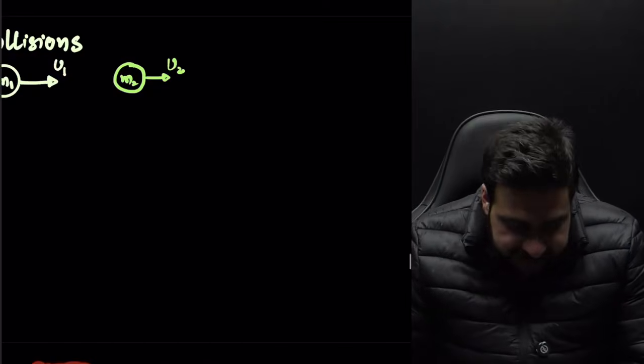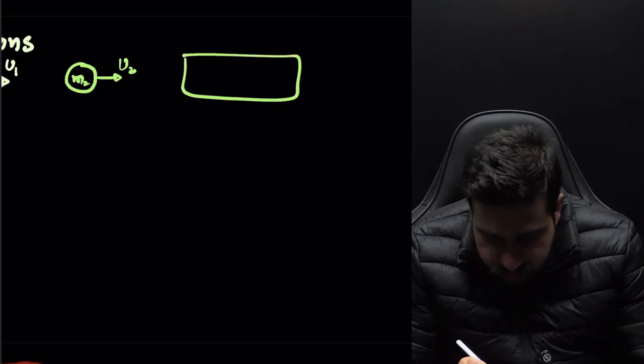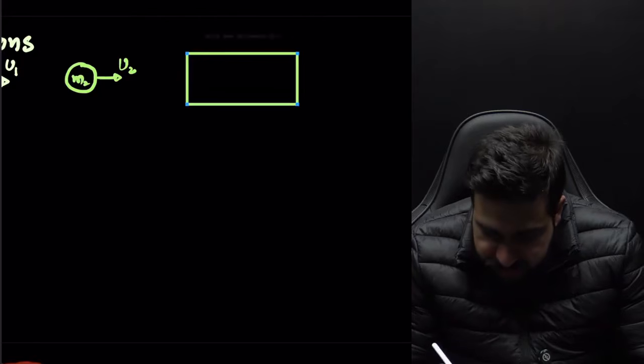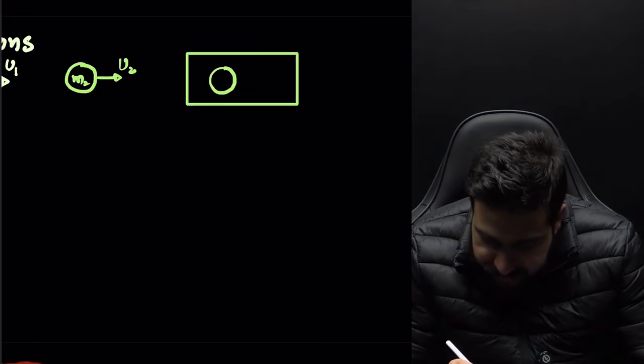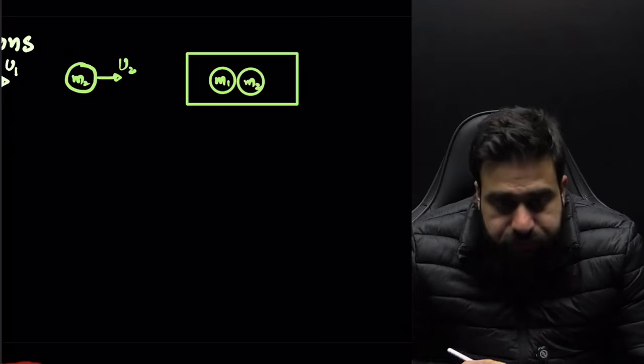Now they are colliding with each other. So basically, this m1 and m2 collided with each other. This is m1 and this is m2.